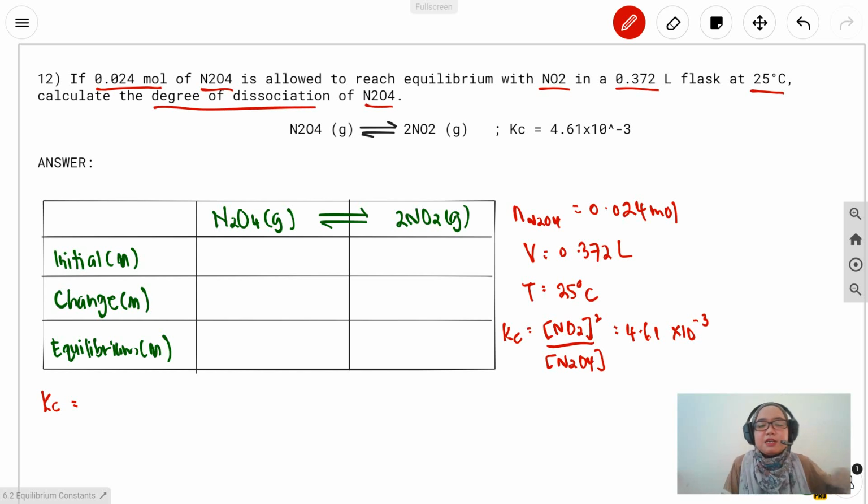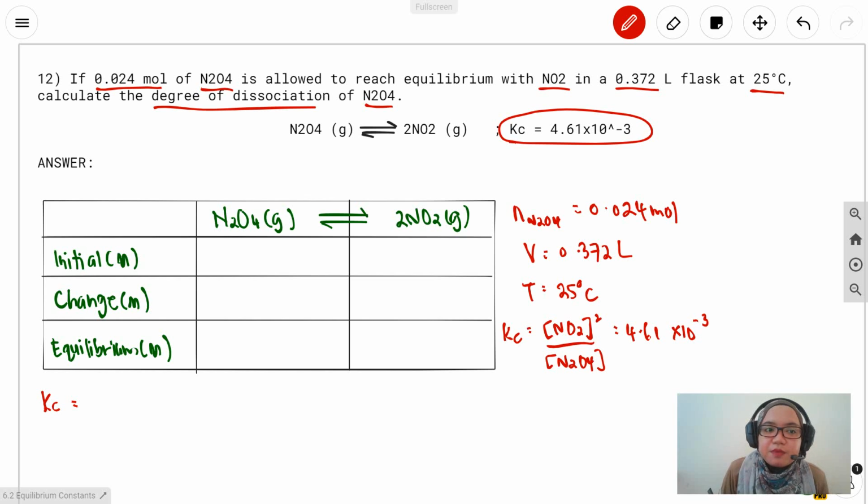They have given us the balanced chemical equation here, and Kc equals 4.6 times 10 negative 3. First step, we need to write the chemical equation and do the ICE table. Second step, extract the information and put it beside the ICE table.